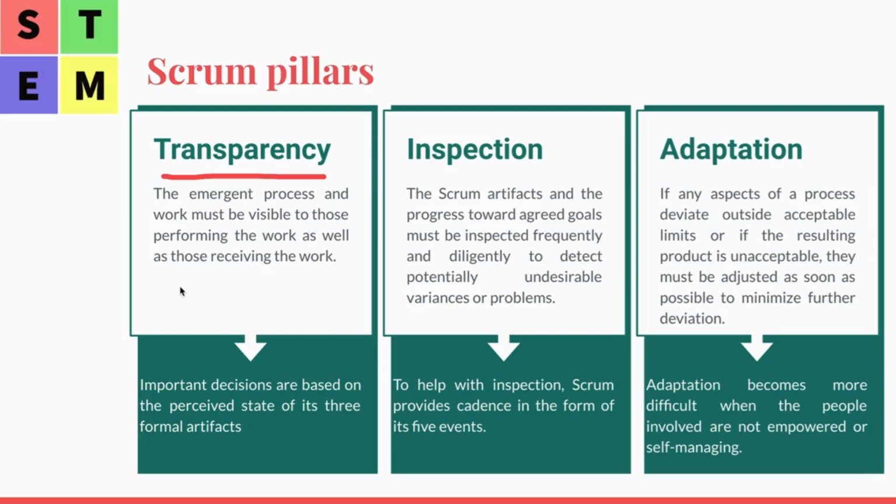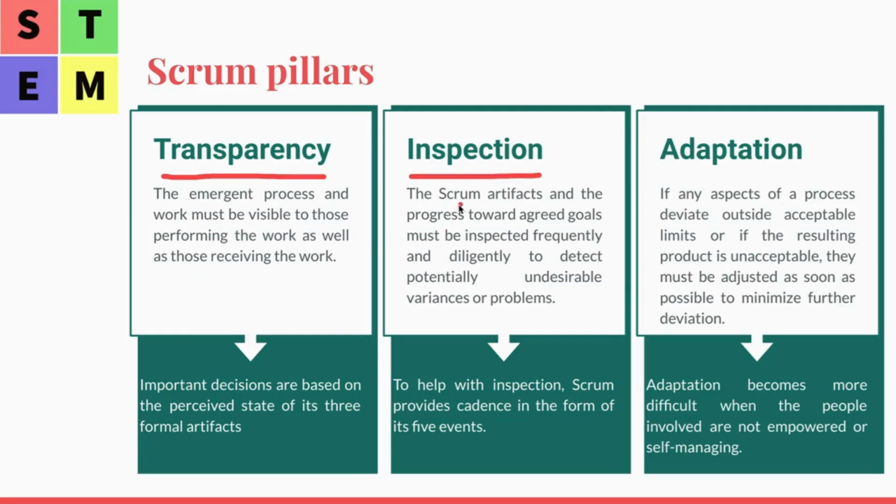There are other scenarios that could describe transparency, but in simple words, all the information is shared between the Scrum team and the business partners. The second is inspection.